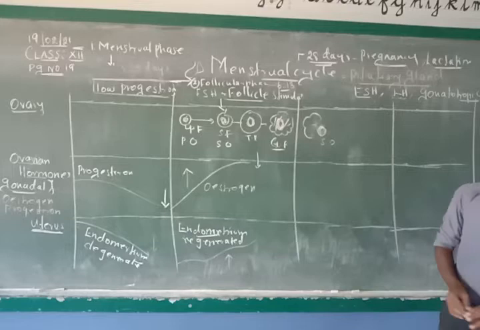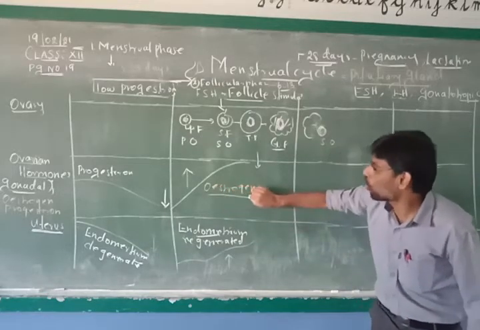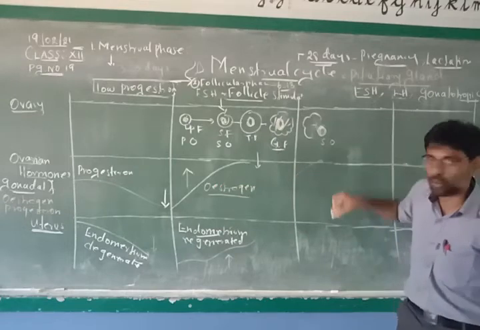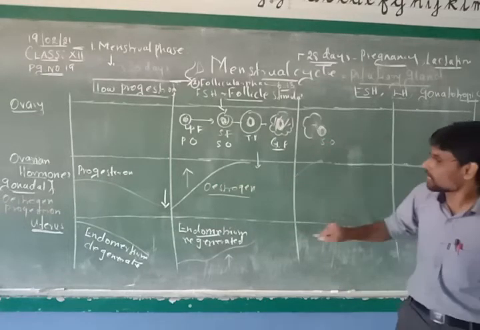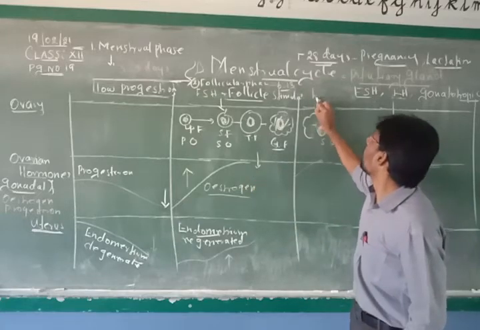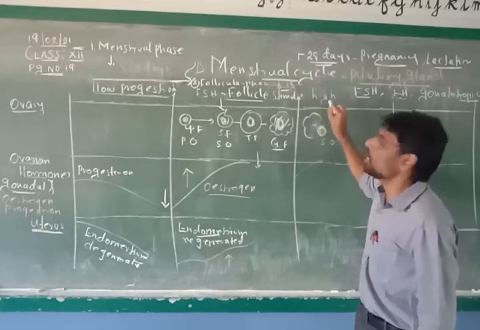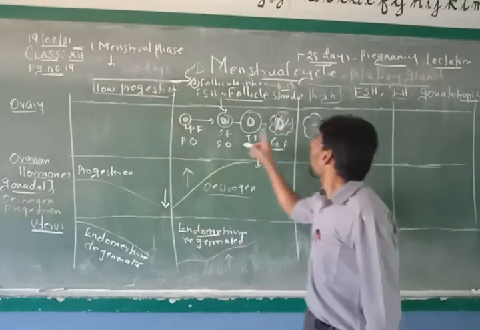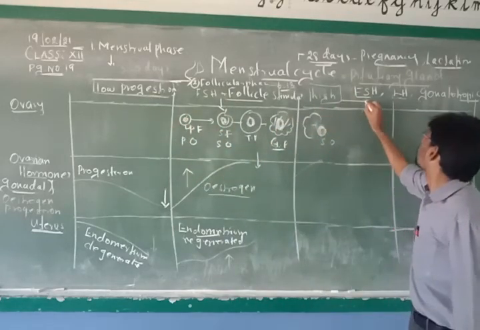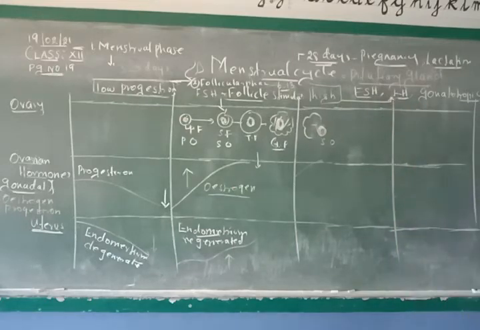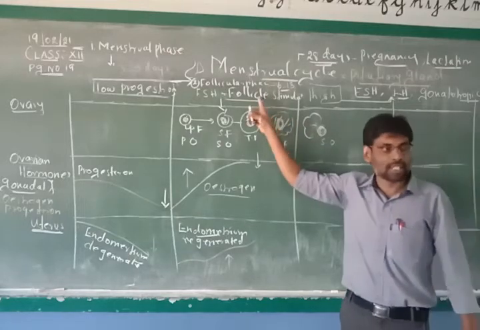Okay. Remember, estrogen hormone in this phase is increased more. Whenever this estrogen is there, you have a high level of estrogen. Here we study low progesterone. A high level of estrogen will stimulate a hormone called LH, luteinizing hormone. Low level of progesterone, FSH.